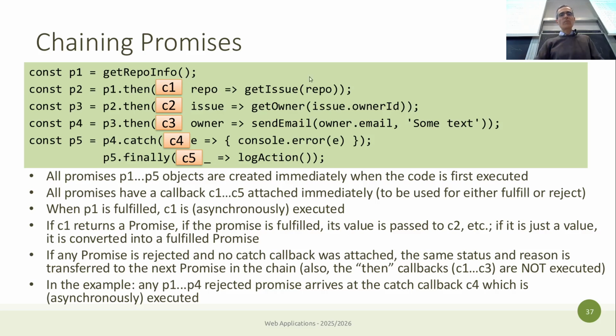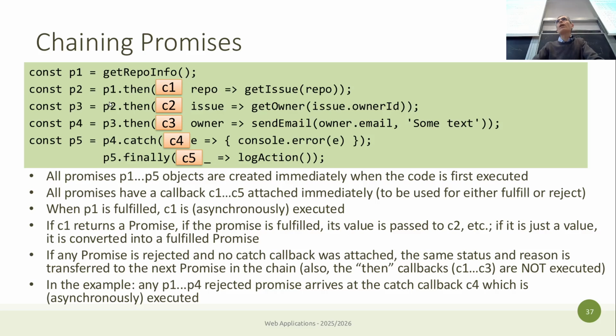Okay, if at a certain point any promise in this chain is rejected, and there is no catch before, you arrive, without executing the then, at the first catch. So the then executes its callback only if the promise that it receives is a fulfilled promise.